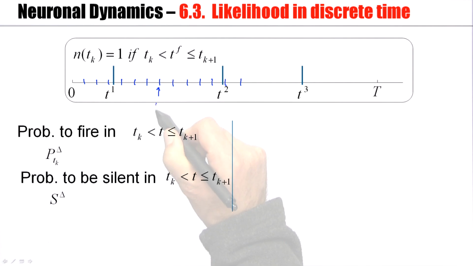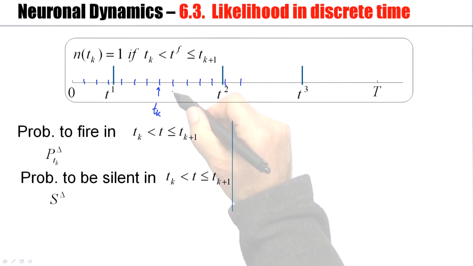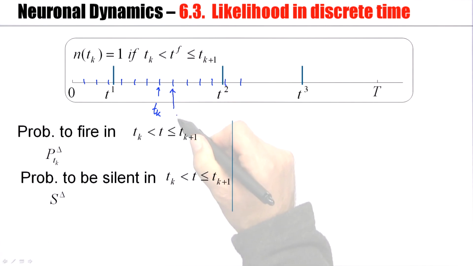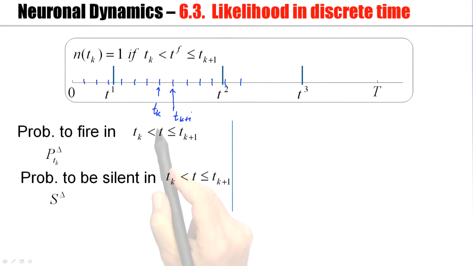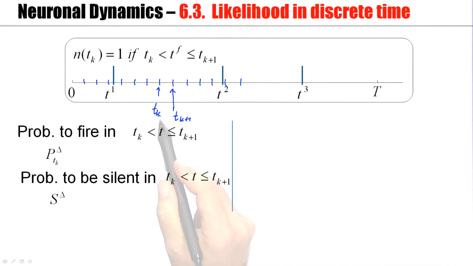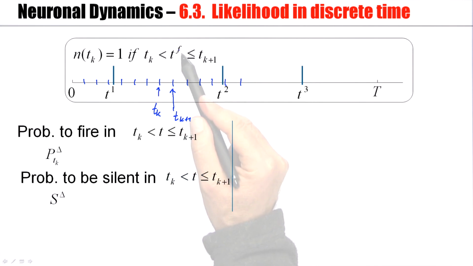I call this tk. Now let's look at this moment here. This would be tk plus 1. The lower index k is an index of the time bin. The upper index f is an index for the firing times.